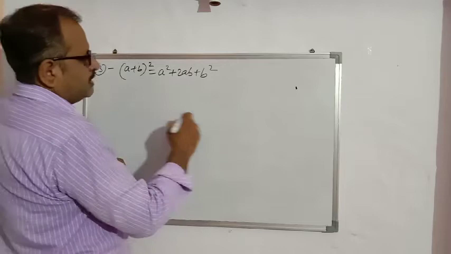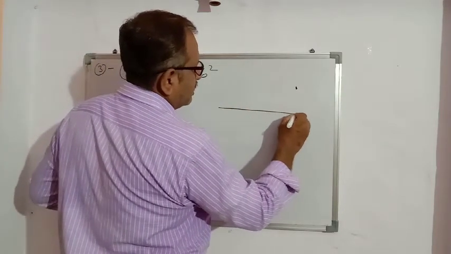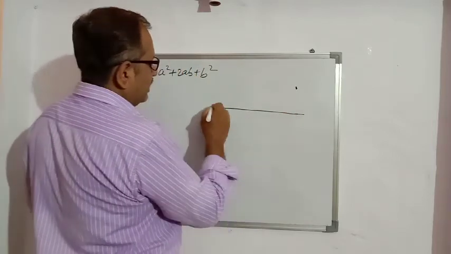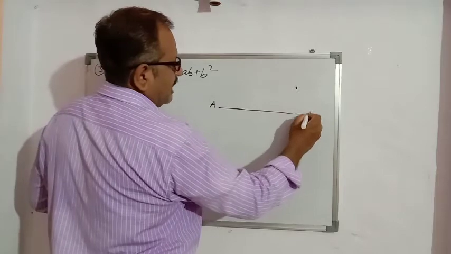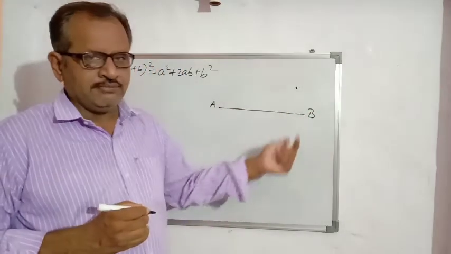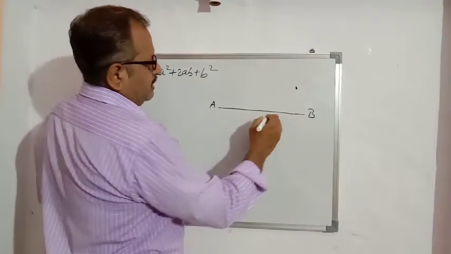We will take a line segment of any length. Suppose this line segment is AB. Now divide this line segment into two parts.